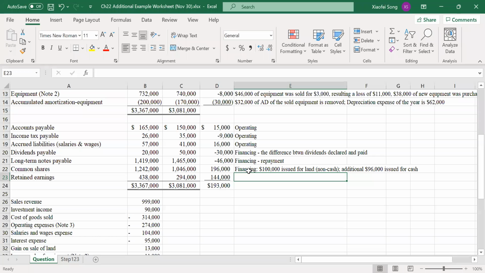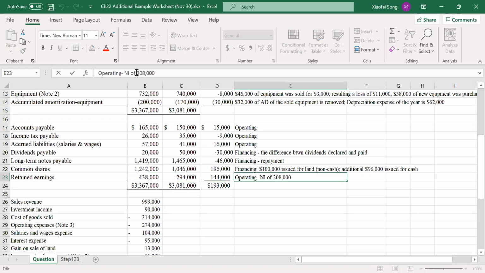Okay. And this part, net income, right? So the operating part would include net income of, what's the net income? We have 208,000.